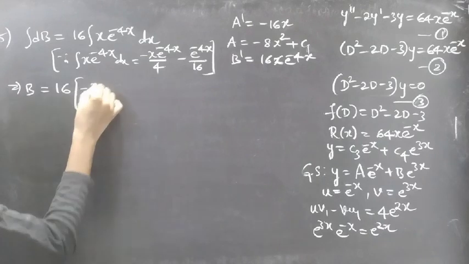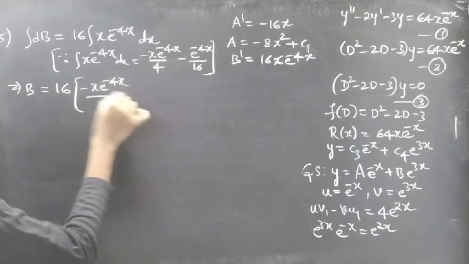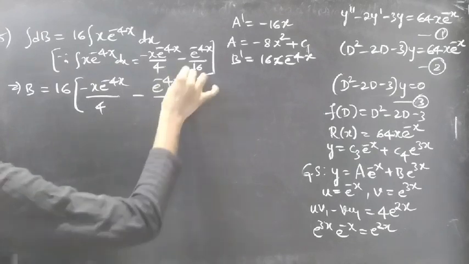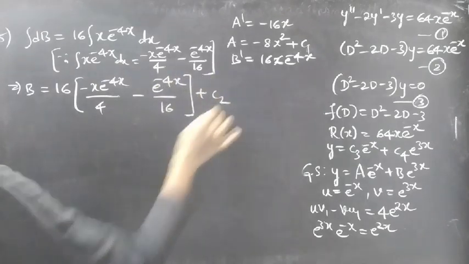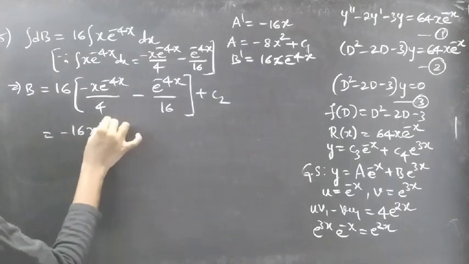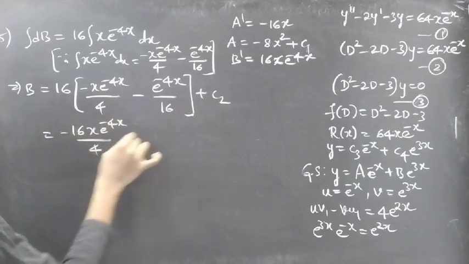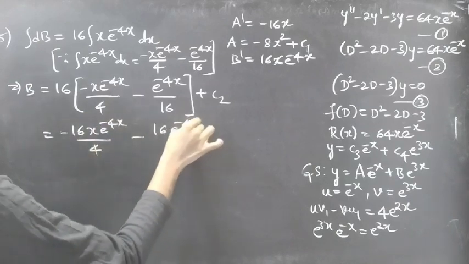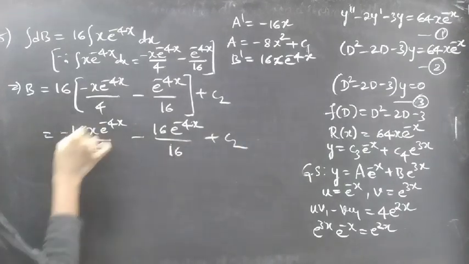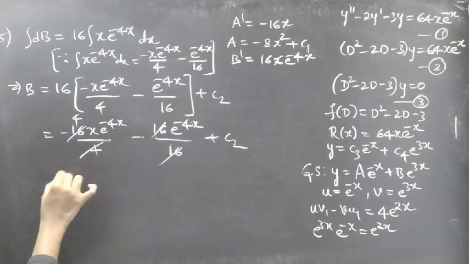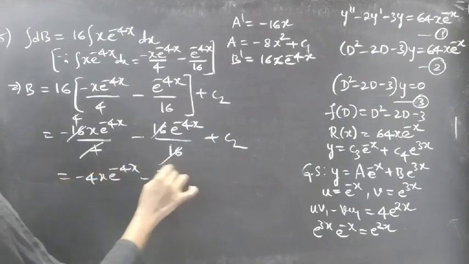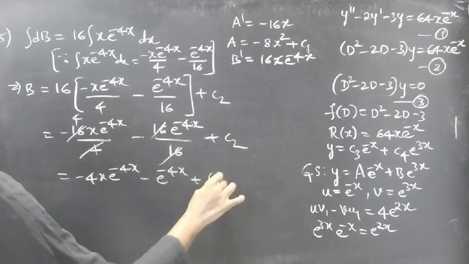We'll get minus x e power minus 4x by 4 minus e power minus 4x by 16 plus integral constant say c2. This gives us minus 16x e power minus 4x by 4 minus 16 e power minus 4x by 16 plus c2, which is equal to minus 4x e power minus 4x minus e power minus 4x plus c2.